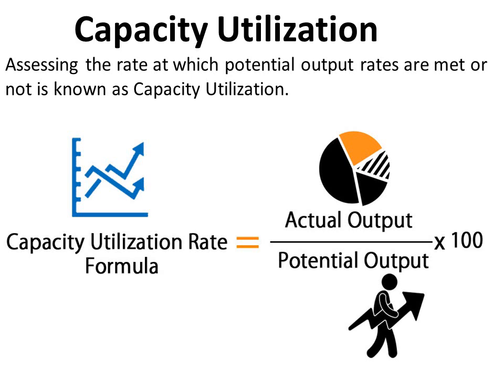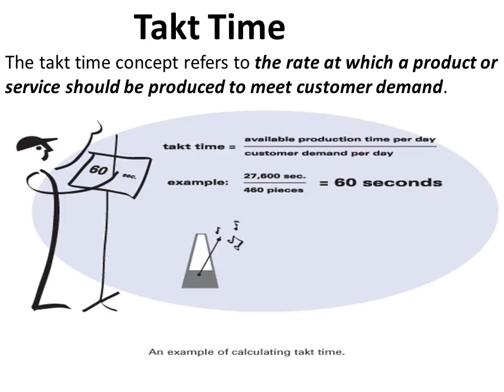So this is basically the total capacity of a machine or a facility compared with how much was actually produced. How can we measure it? Number of units actually produced divided by the potential number of units that can be made, multiplied by 100.